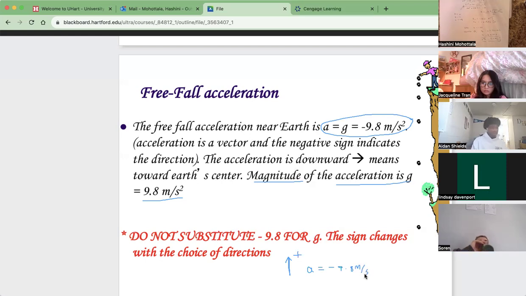If you take down as your positive direction, then of course you will have a positive 9.8 meters per second squared as your gravitational acceleration.